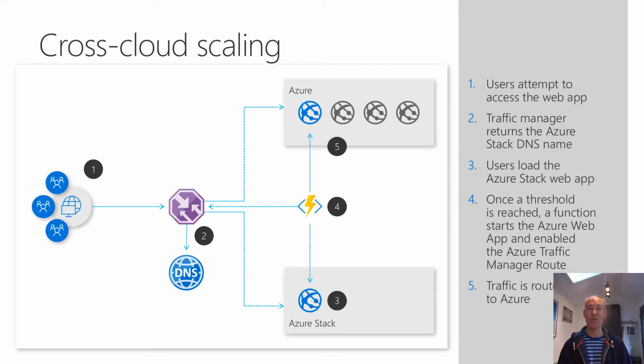When it reaches a certain threshold, that function fires a trigger that tickles the traffic manager and also starts up some additional instances of your application running in public cloud Azure. So now the users will be delivered through the traffic manager, sometimes to Azure Stack, sometimes to an instance running in Azure. And that can be just spun up and down by the function.